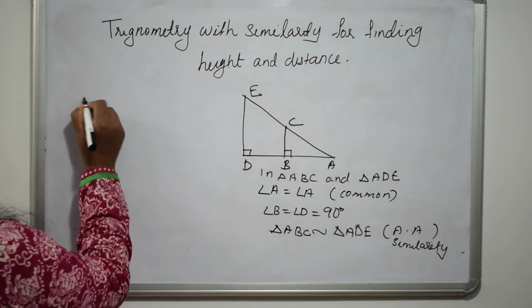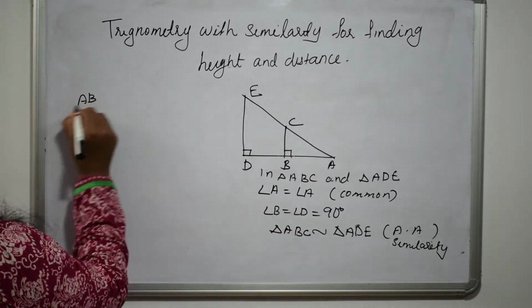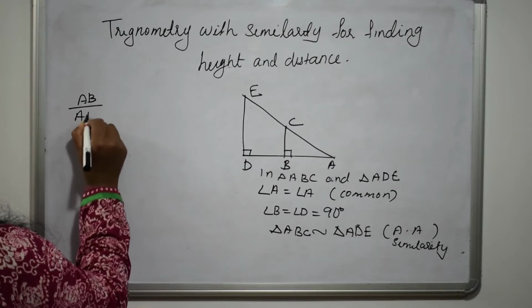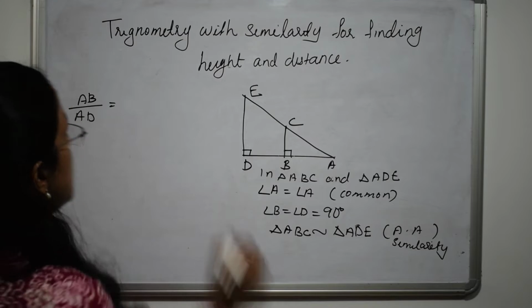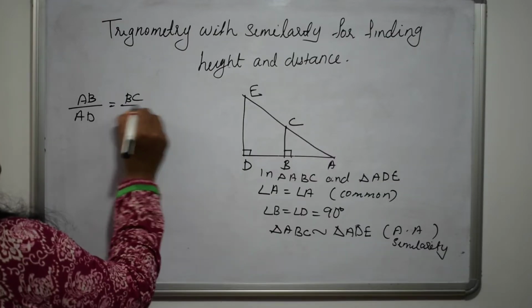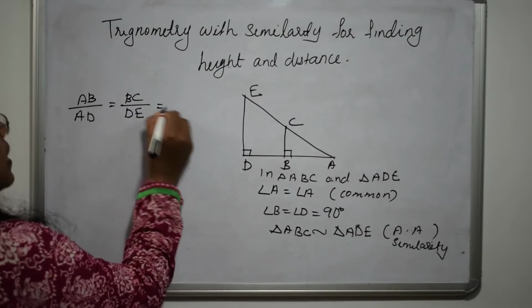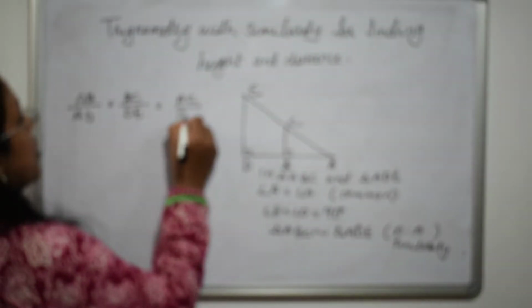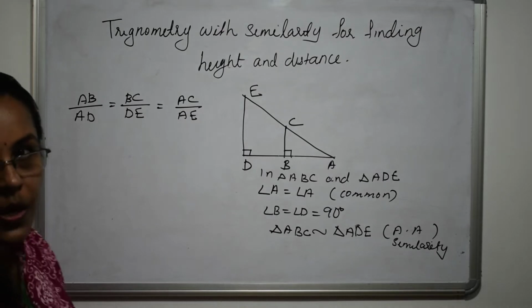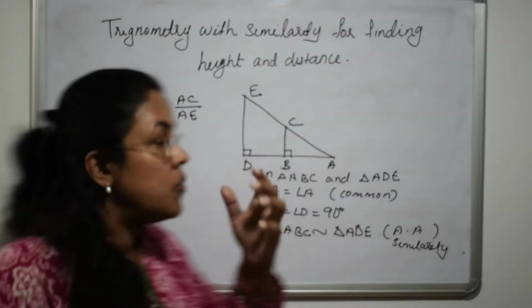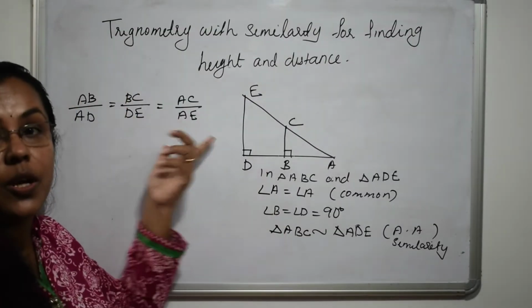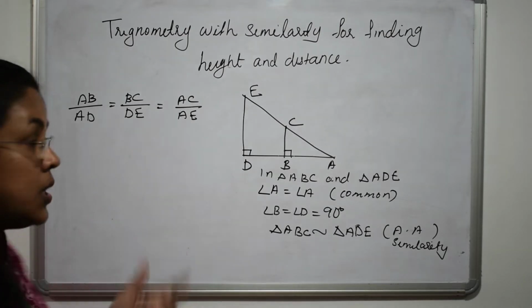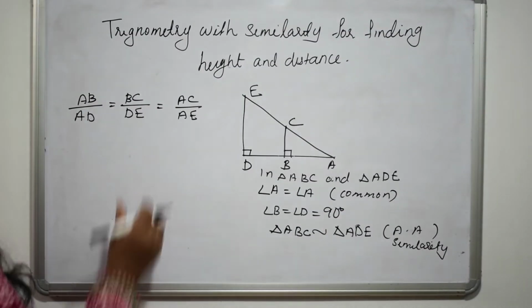So we can write AB upon AD is equal to BC upon DE is equal to AC upon AE.